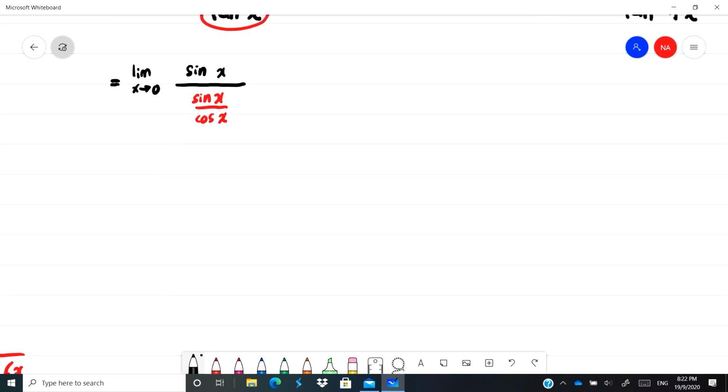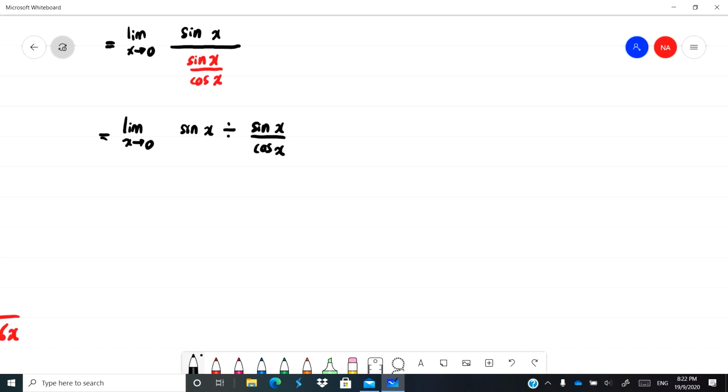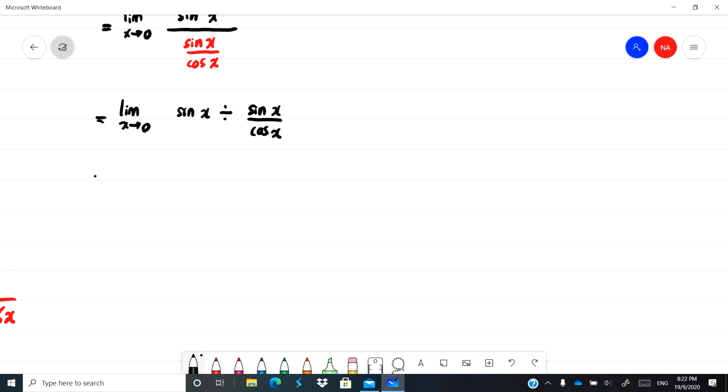So we try to figure out this one. Limit as x approaching 0, that sine x divides the sine x over cos x. When you have division with a fraction, it should be converted into multiplication, but the fraction should be inverted.